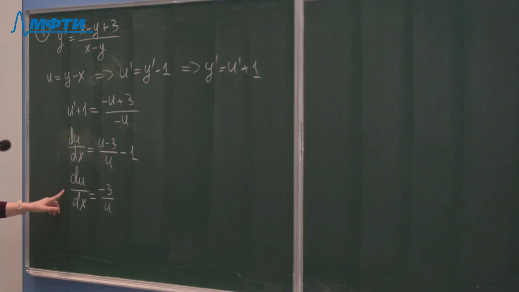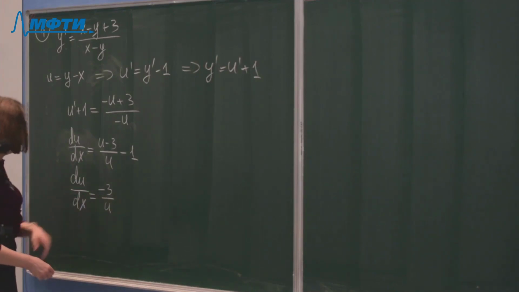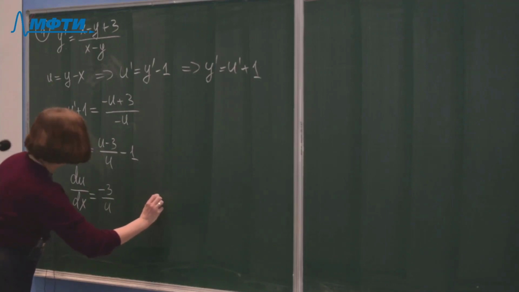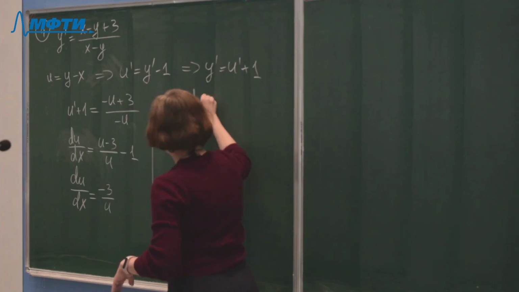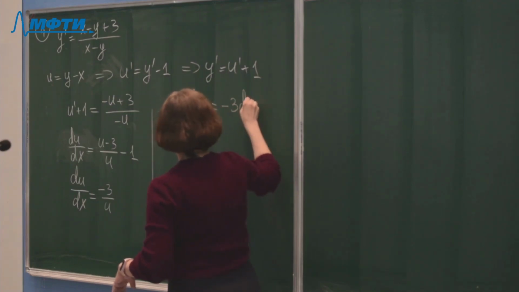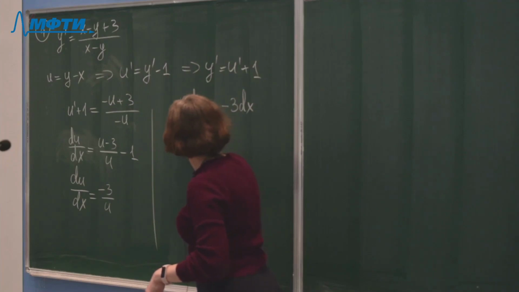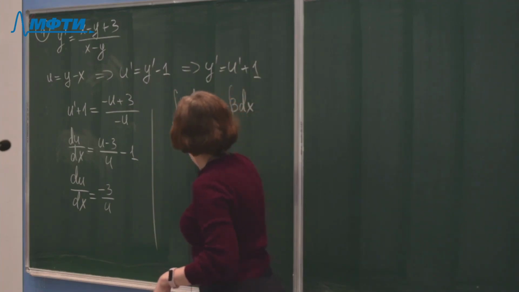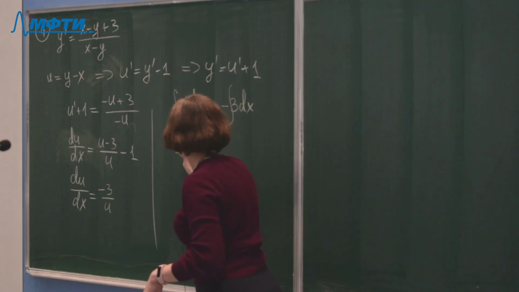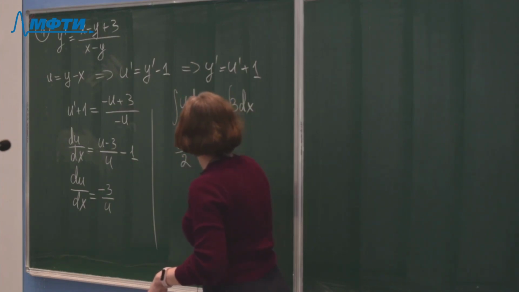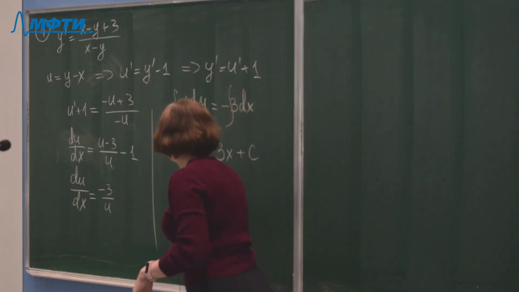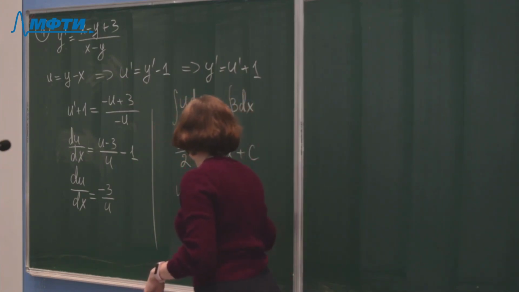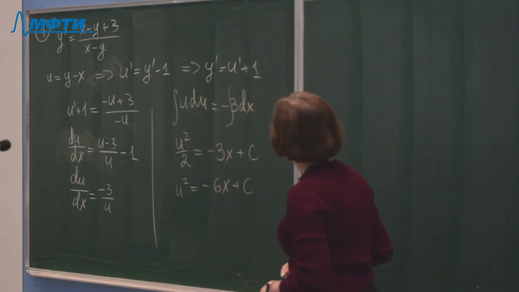Then we should move u to the left and dx to the right, and we will get the following. u du equals minus 3 dx. Then integrate both parts, and we will get u squared over 2 equals minus 3x plus c, or u squared equals minus 6x plus c.